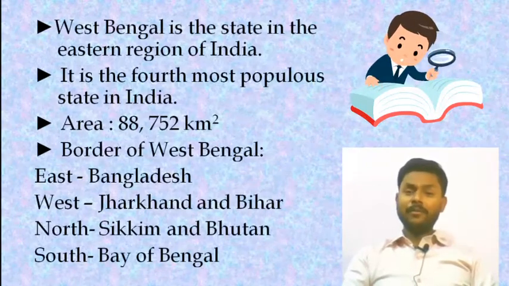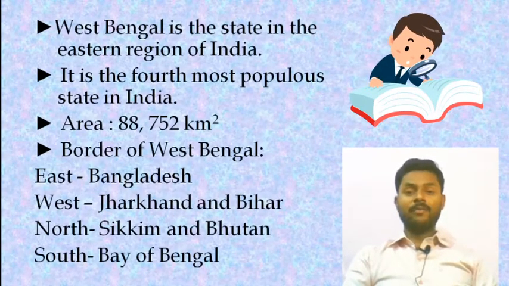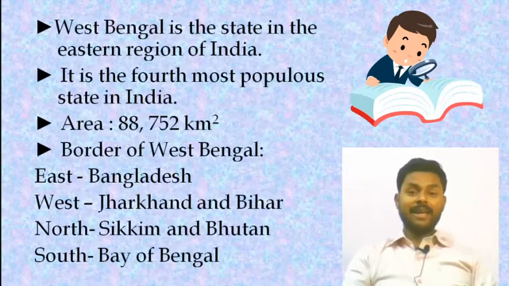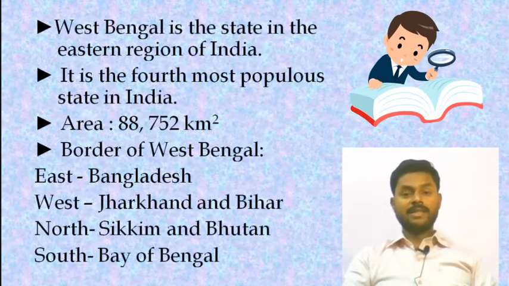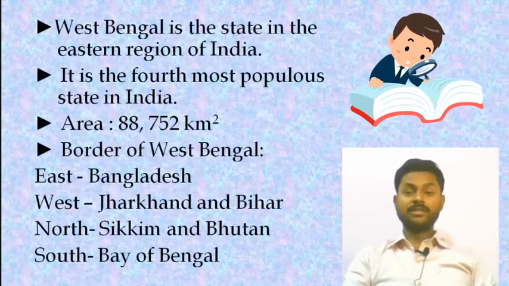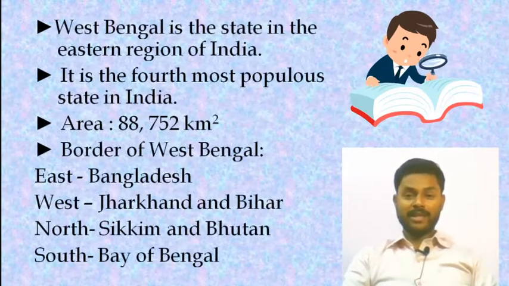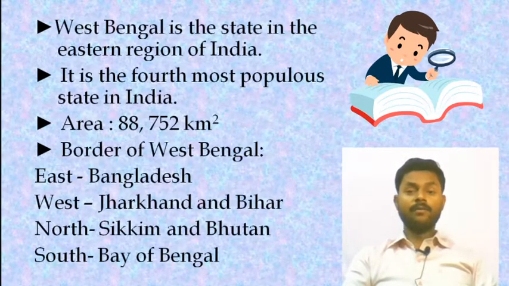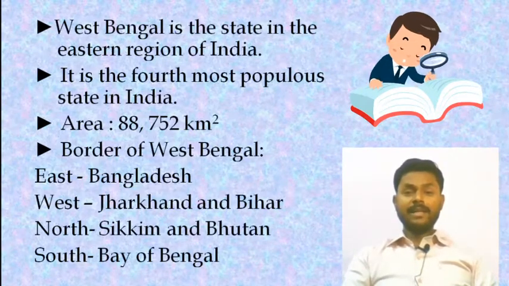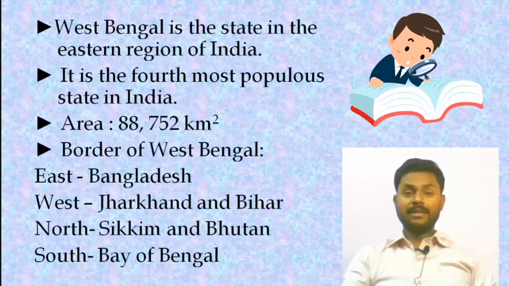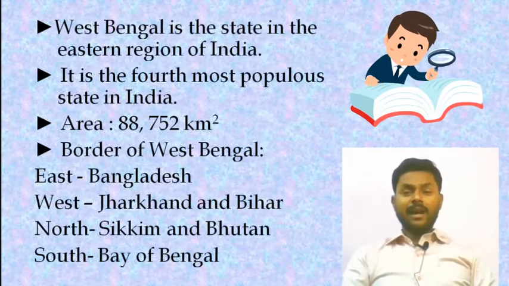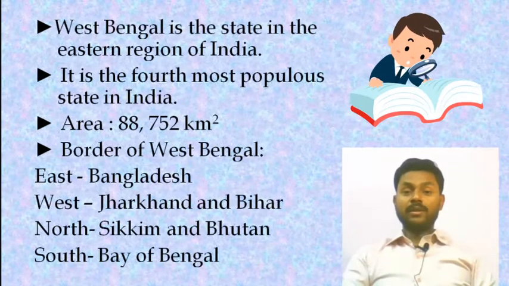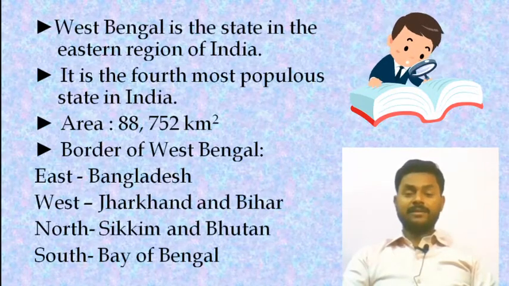Now we will know about the area of West Bengal. The area of West Bengal is 88,752 square kilometers.